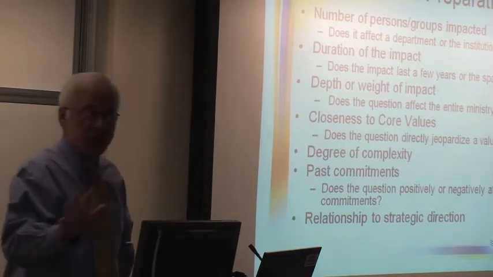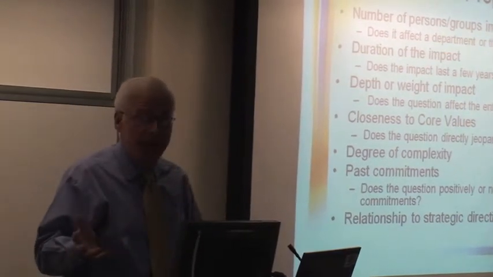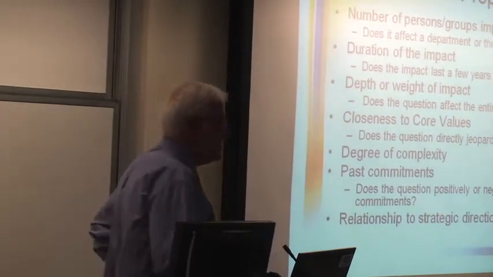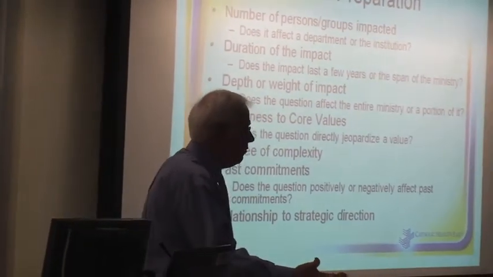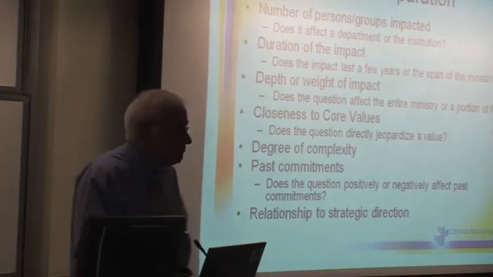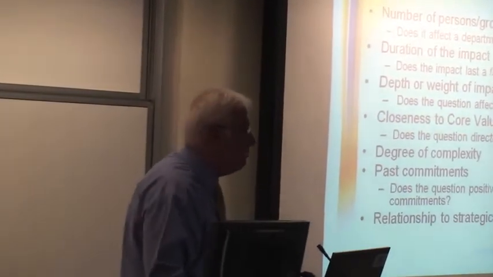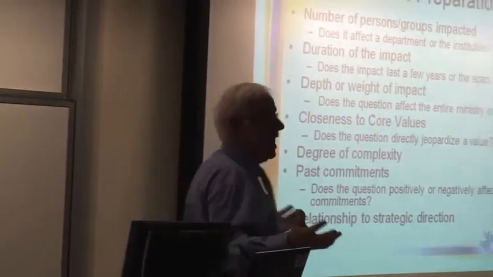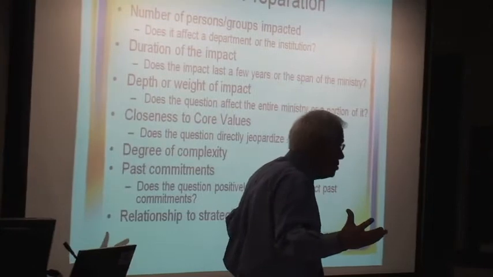So the duration of the impact is going to affect all those people. The weight of the impact: is this an act of termination of treatment, or is it something more dastardly that would qualify as killing someone, right? The closeness to core values and past commitments: it's a Catholic hospital. We don't bring people in and treat them to euthanasia, right?